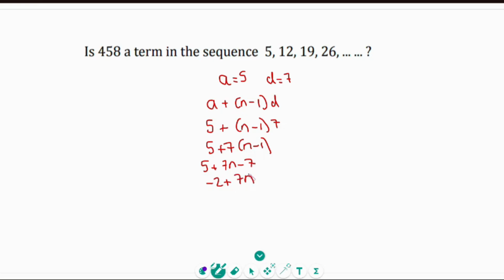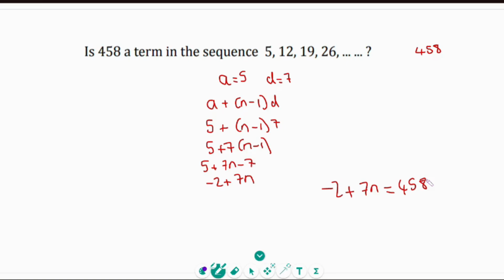That's my nth term. So we want to know if 458 would appear in this sequence. So I'm going to put it equal to the nth term to see if we've got a whole number value for n. If we have, it tells us that it is in the sequence.